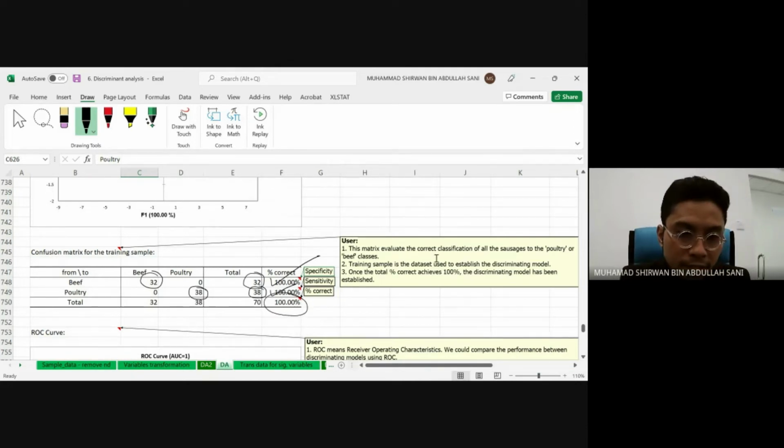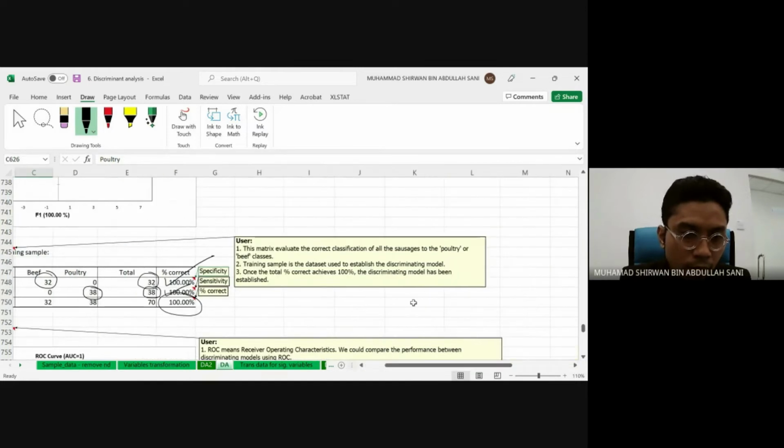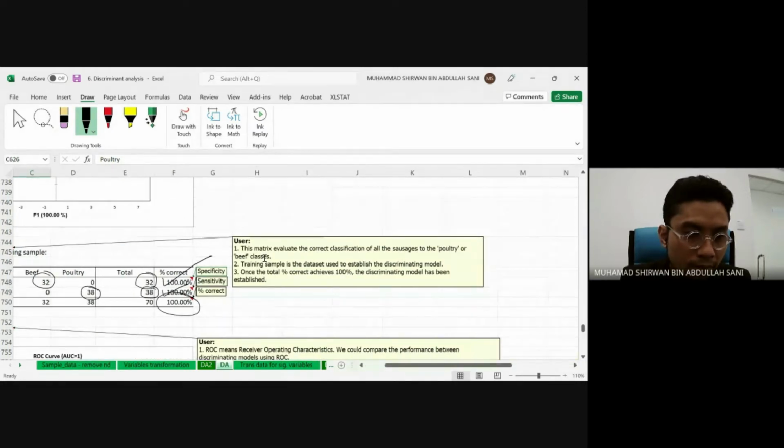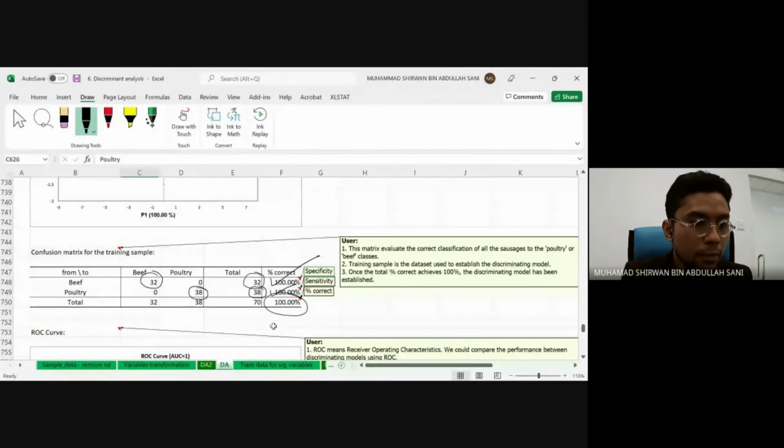So this matrix evaluates the correct classification of the sausage to the poultry or beef classes. Training sample is the dataset used to establish the discriminating model. Once the total percentage correct achieves 100%, the discriminating model has been established. Okay. So people will ask, what if our confusion matrix cannot achieve 100%?